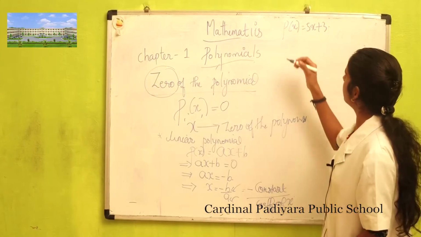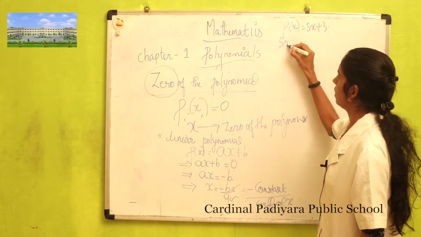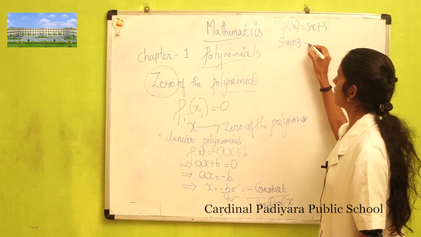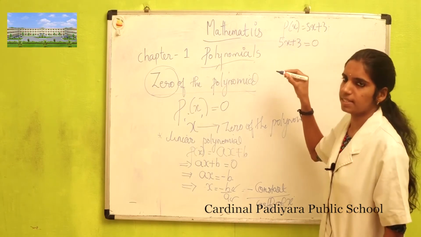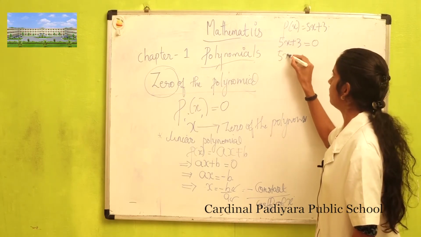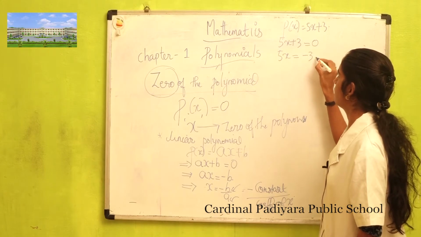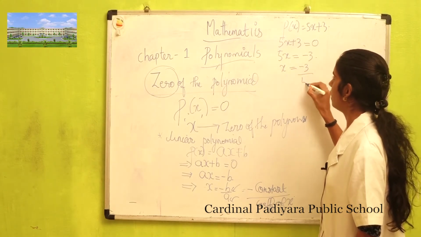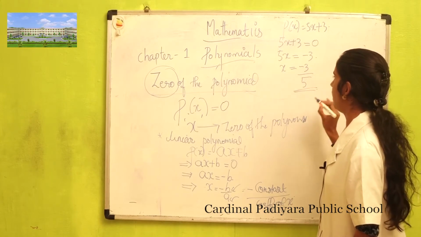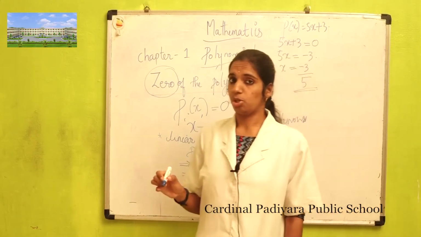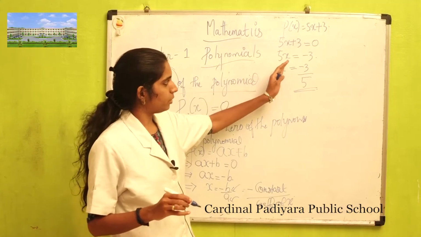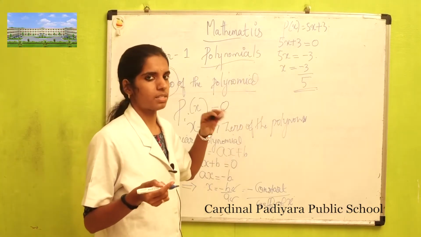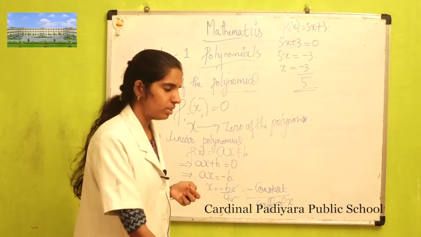So we equate 5x plus 3 equal to 0. What is the next step? 5x equal to minus 3. What is x? x equal to minus 3 by 5. So this value, x equal to minus 3 by 5, is the zero of the polynomial.